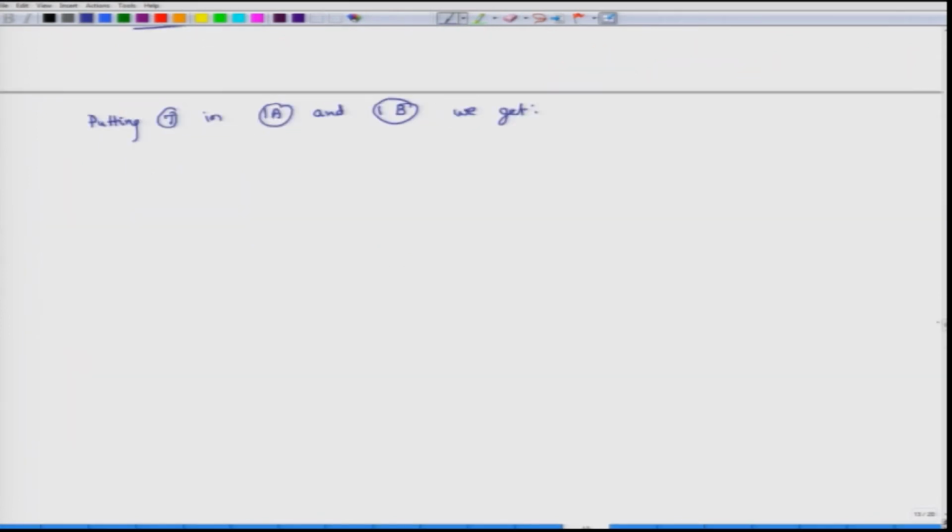We get transmission line equations for pressure and velocity in specific terms. So, my equation for pressure P of x, t is real of P plus, and P plus is what?